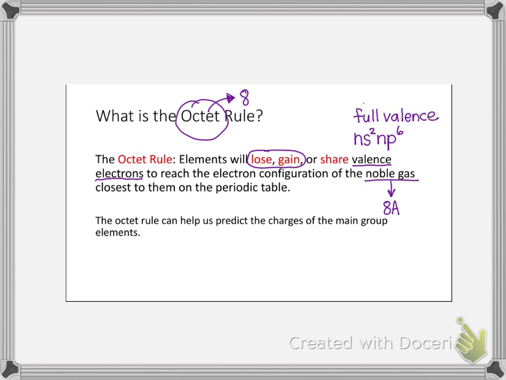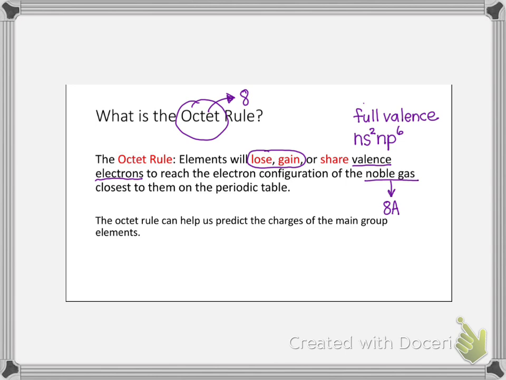Now, hydrogen and helium are in period 1, if you recall, and you can review electron configurations. Energy level 1 only has a sublevel s. So on the first level, the maximum is 2 electrons. So helium can't go up to 8.